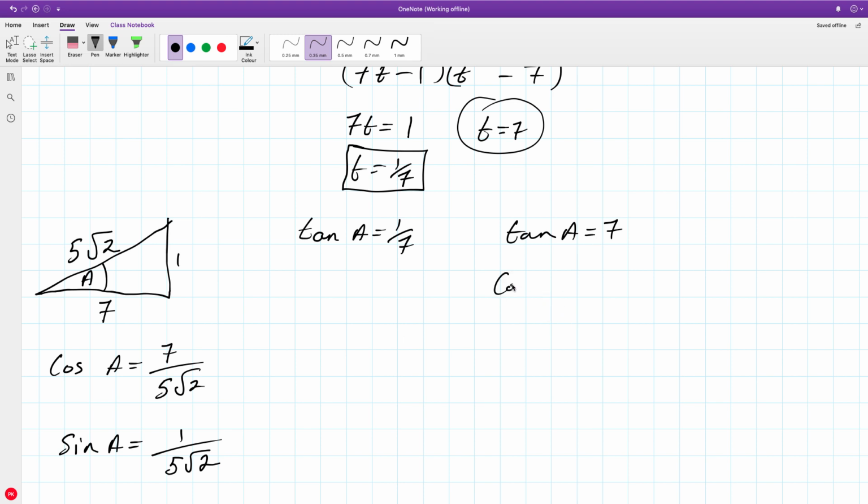Case 2, right angle triangle. There's your A. Opposite over adjacent, 7 over 1. This once again is 5 root 2. Anything that could go wrong at the moment is going wrong for me.